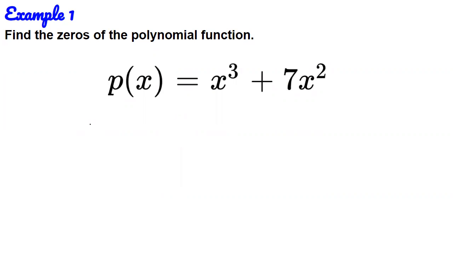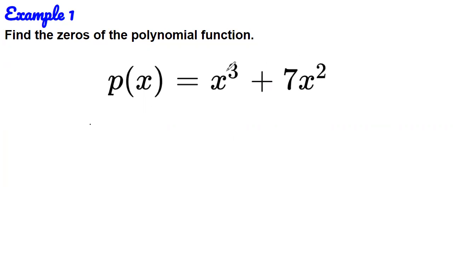Okay. So we have p of x equals x to the power of 3 plus 7x to the power of 2. Yes, we can look at the possible roots that we might have here. However, there's another method for us to solve it. What do we see that the two terms present here have in common with each other?